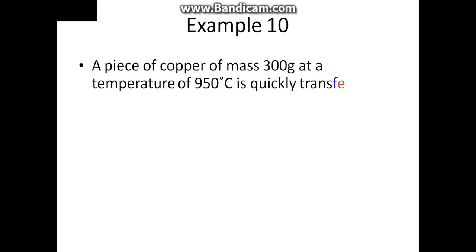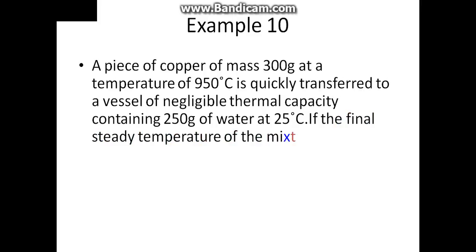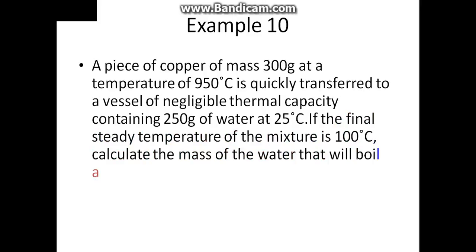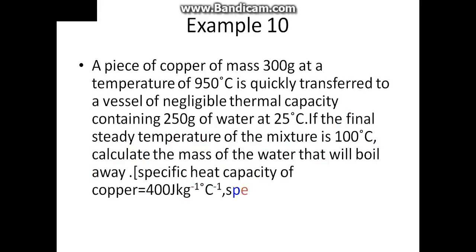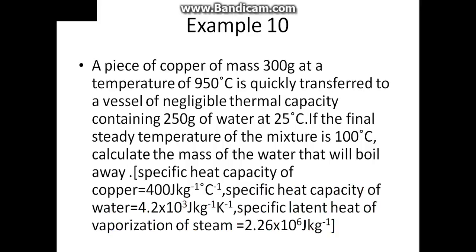Example 10. A piece of copper of mass 300 gram at a temperature of 950 degrees Celsius is quickly transferred to a vessel of negligible thermal capacity containing 250 grams of water at 25 degrees centigrade. If the final steady temperature of the mixture is 100 degrees centigrade, calculate the mass of the water that will boil away.